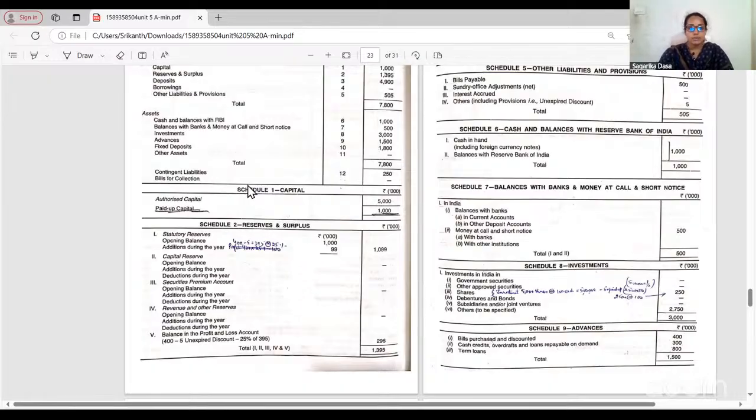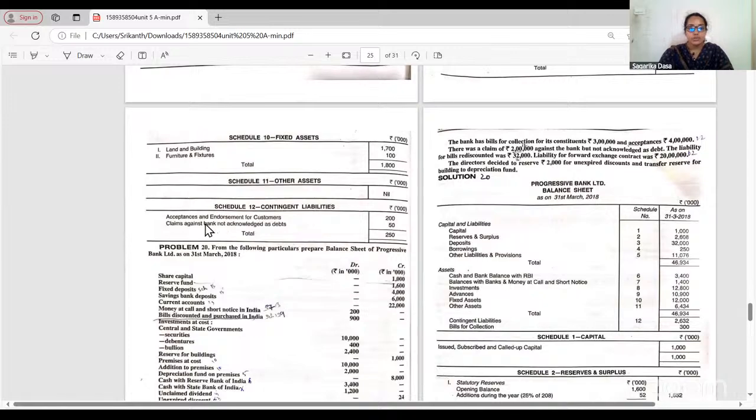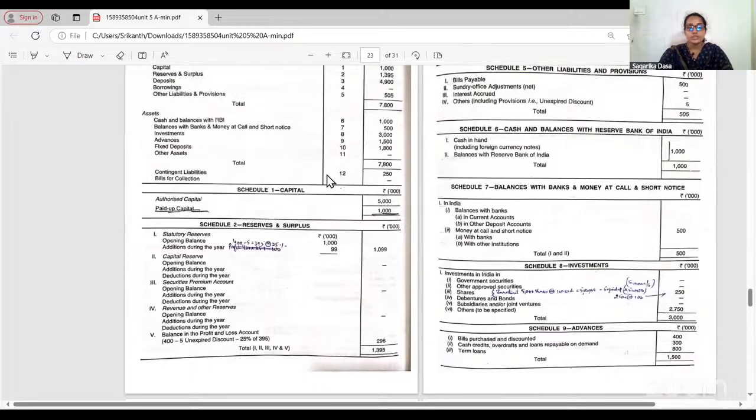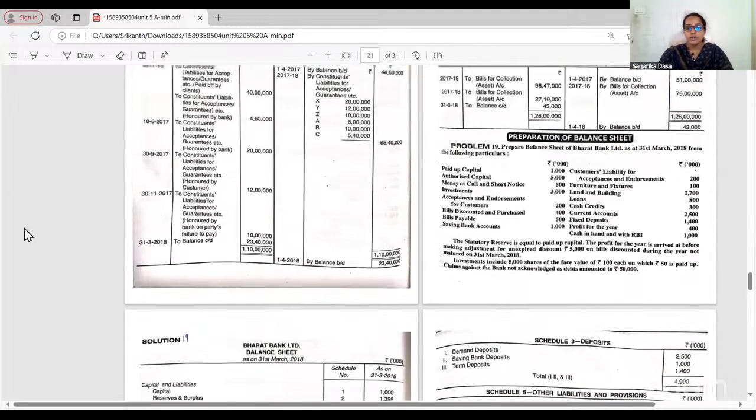Now contingent liability, schedule 12: acceptances and endorsements for customers is 200, and claims against the bank not acknowledged as debt is 50,000. With 3 zeros eliminated, that is 50. So 200 plus 50 comes to 250, which you have to take here as schedule 12.